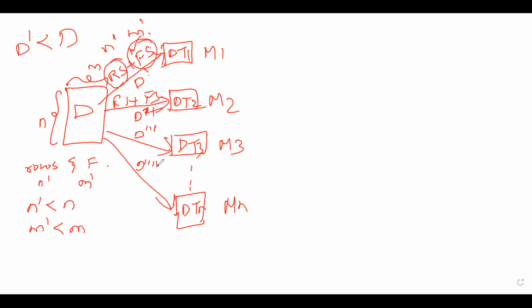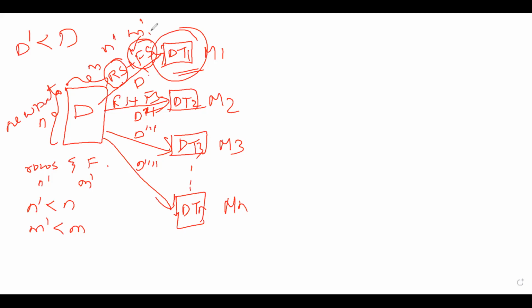Whenever I get my test data, suppose I take one particular row from data set D to DT1. That is, I give a new data point to the first decision tree.